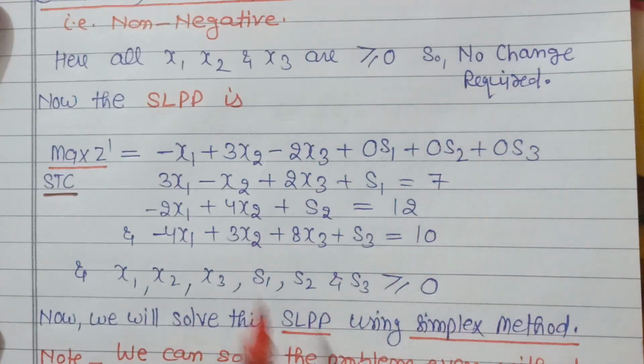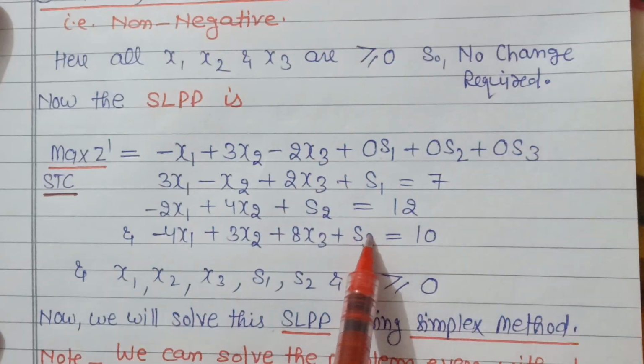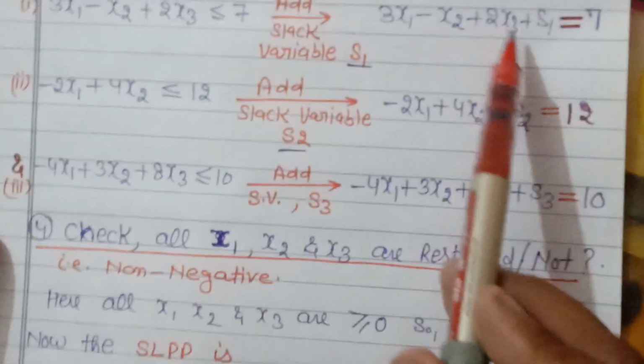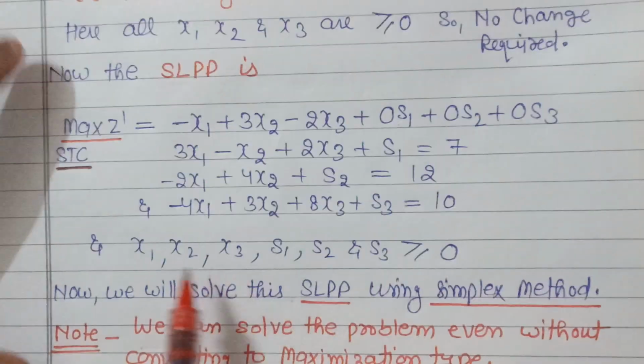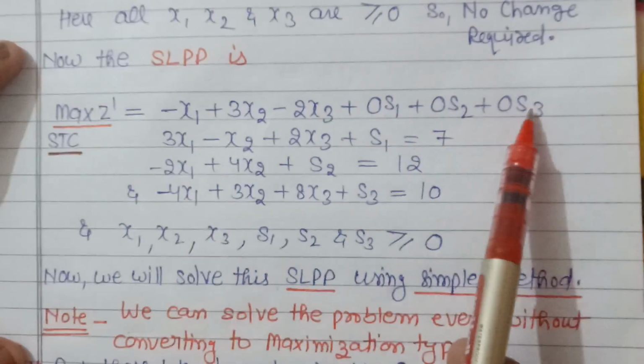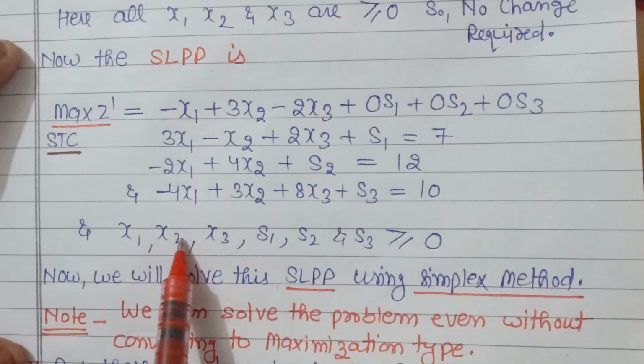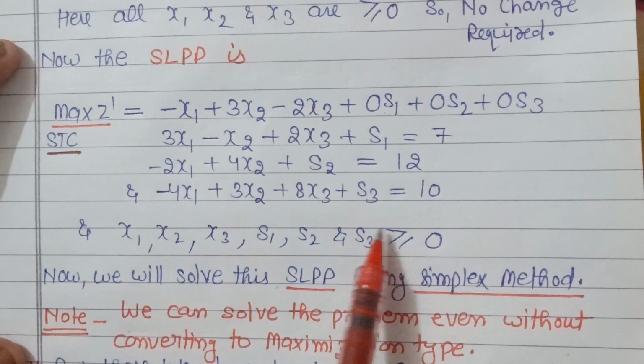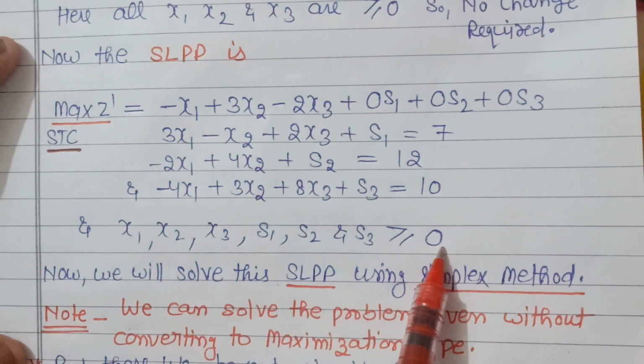Also, these are the three constraint equations which we have created here. Now there are 6 variables, 1 2 3 4 5 and 6, that is x1, x2, x3, s1, s2 and s3, and they are all greater than or equal to 0.